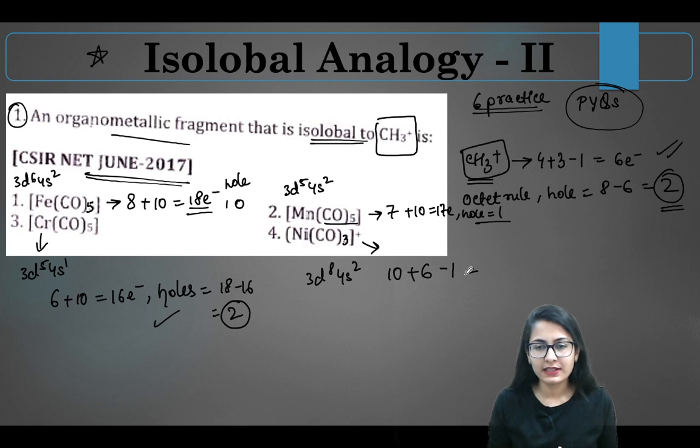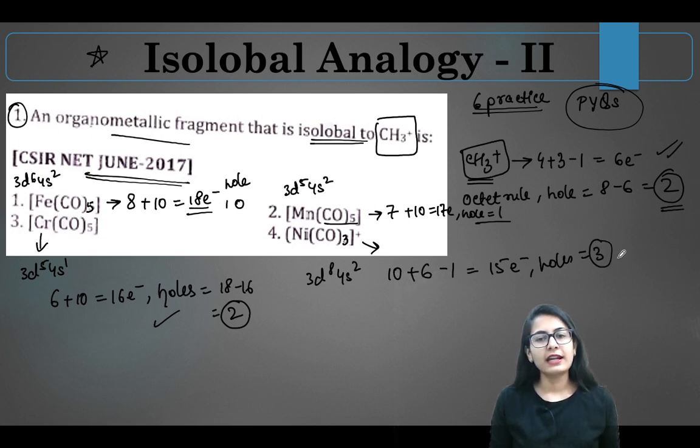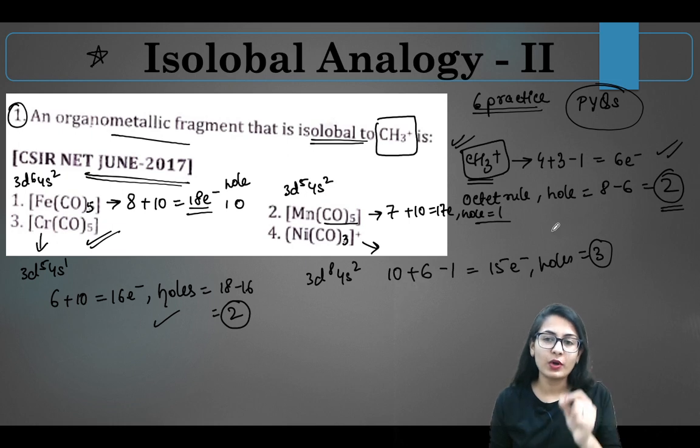It would be 16, but minus 1 becomes 15 electrons, and the number of holes is 3 because 18 minus 15 is 3. So we can clearly see that the third complex, the chromium complex, and the fragment CH3 positive are isolobal to each other.